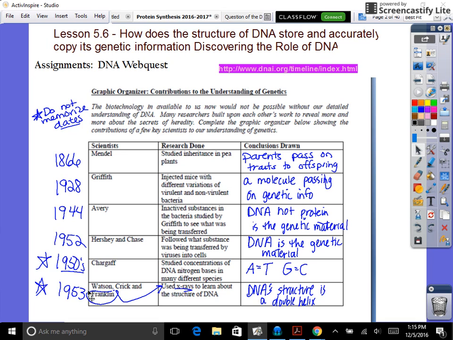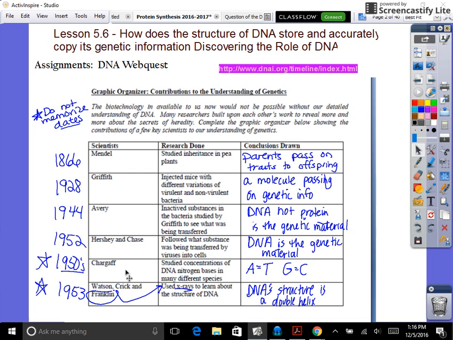But what I always like to point out to students is how many scientists actually contributed to what we know today about the structure of DNA. And this doesn't stop in 1953. Again, if you check out this timeline, you'll see how many scientists continue to contribute pieces of the puzzle to understand what makes us human, how we're related to other organisms.